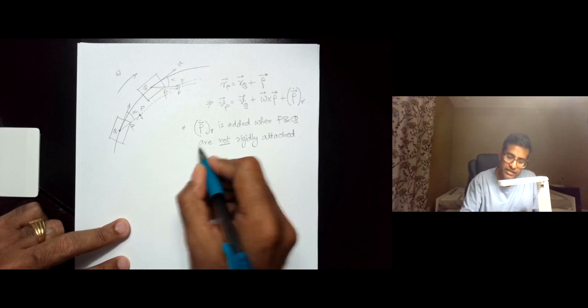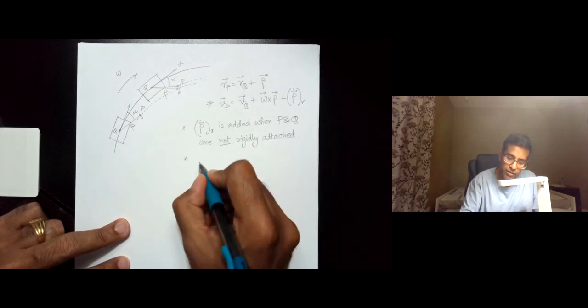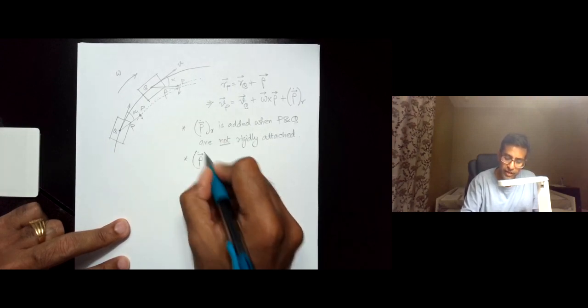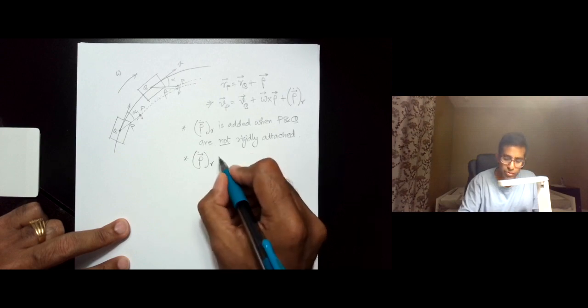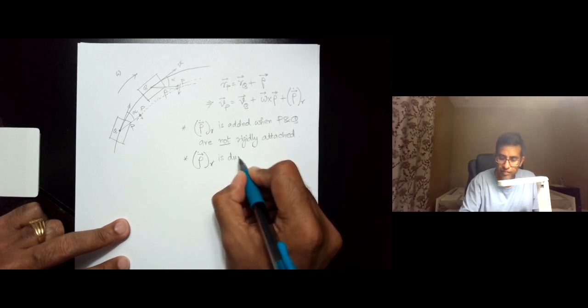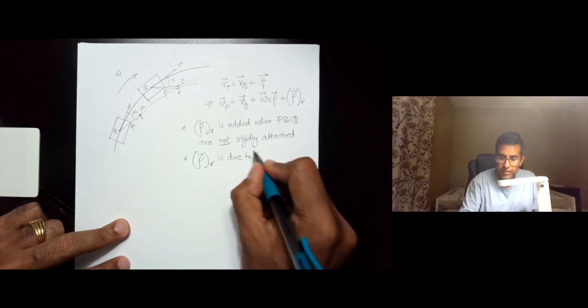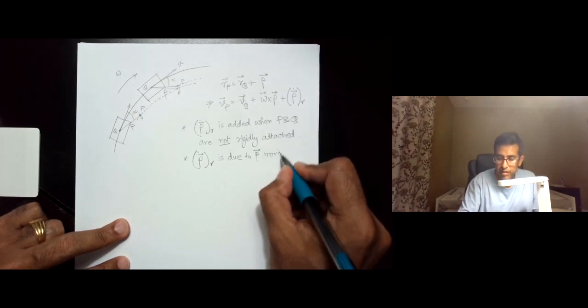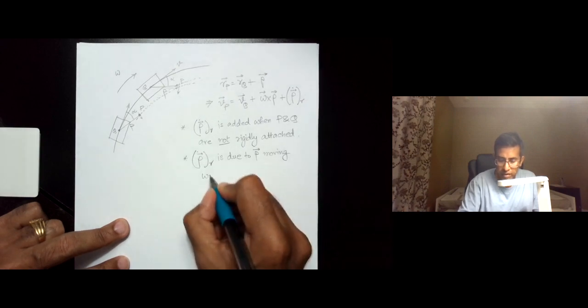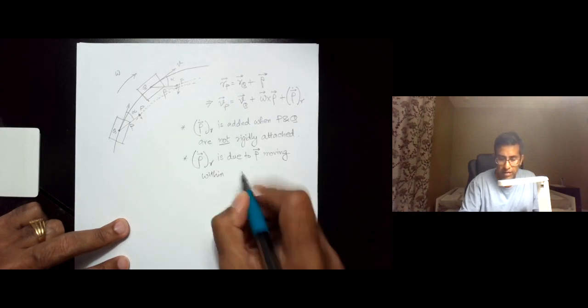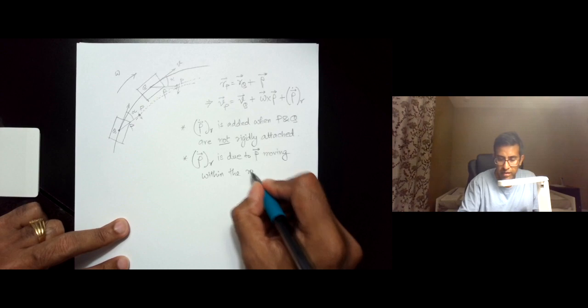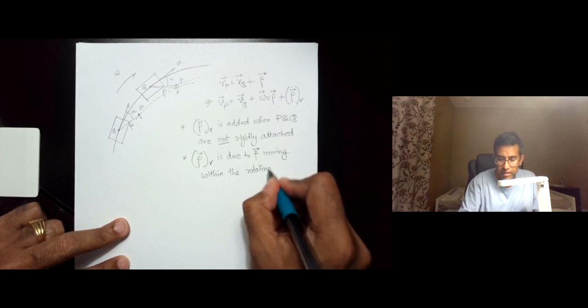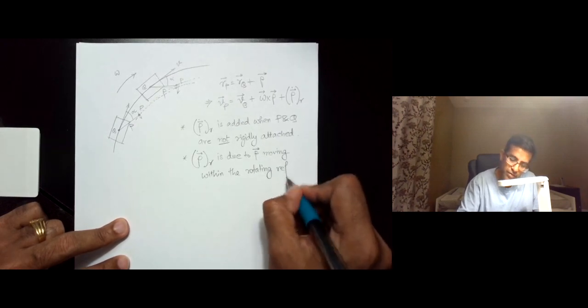So basically rho dot r is added when this is the case, and furthermore this rho dot r is due to P moving within the rotating reference frame.